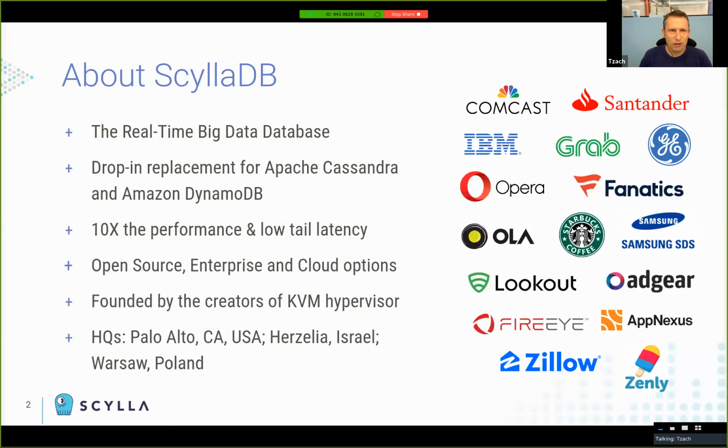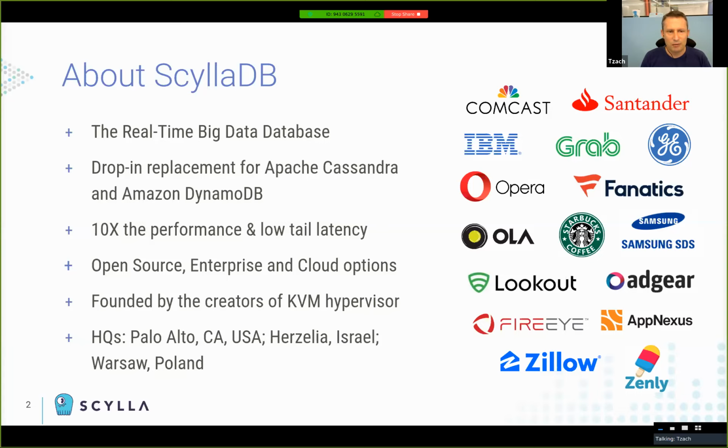Let's get started. Before I jump into the actual product, two minutes about ScyllaDB. ScyllaDB is the company behind Scylla, the open source and enterprise NoSQL database, which is a drop-in replacement for Amazon DynamoDB and also for Apache Cassandra.